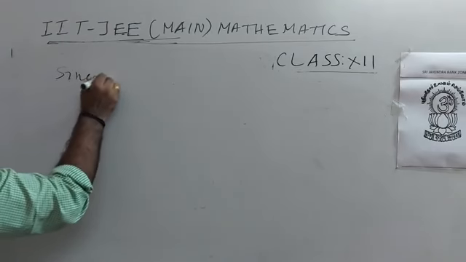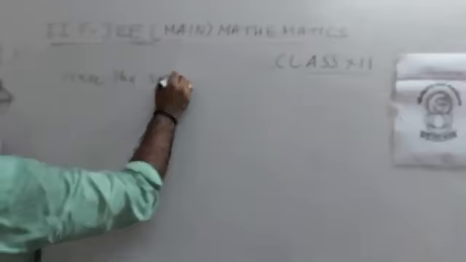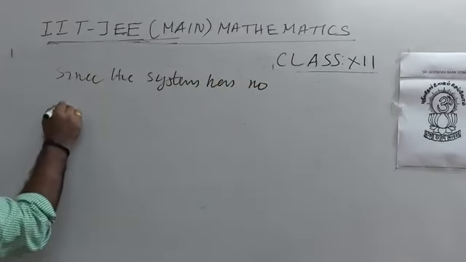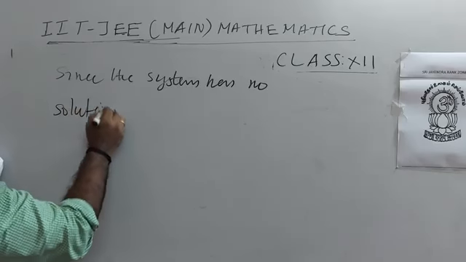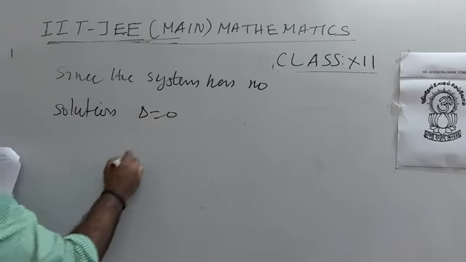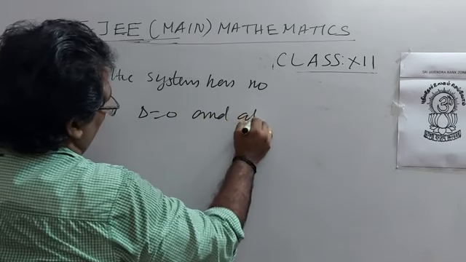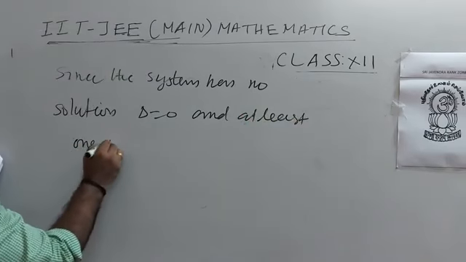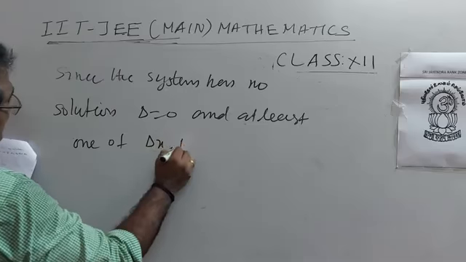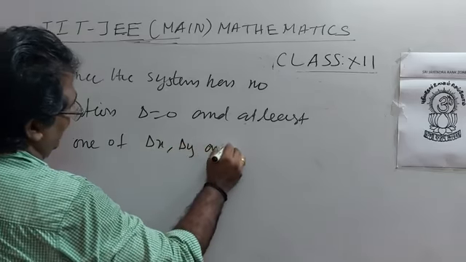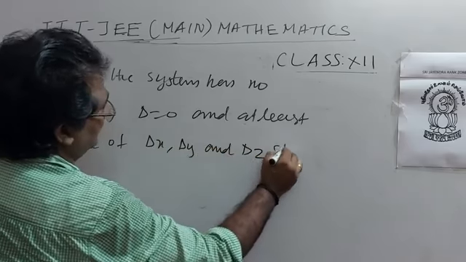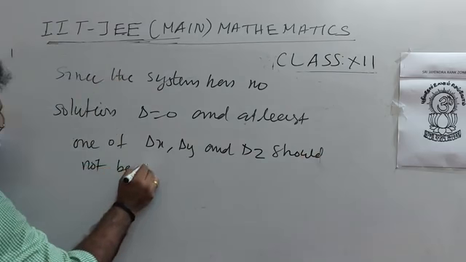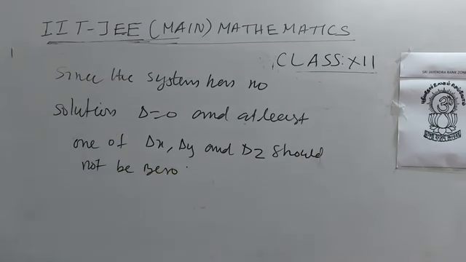Since the system has no solution, delta equals 0, and at least one of delta x, delta y and delta z should not be 0.